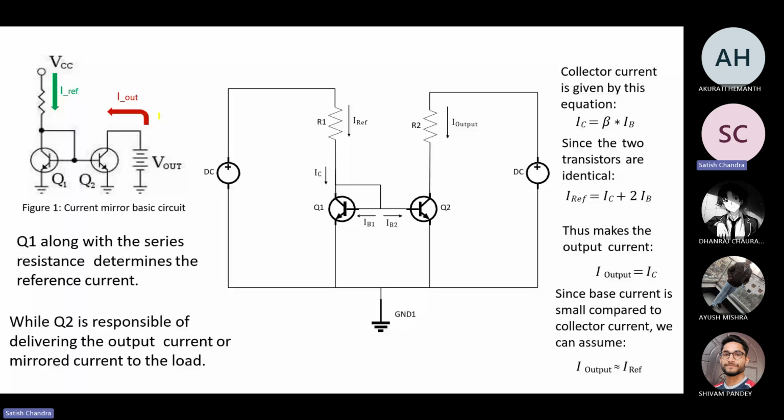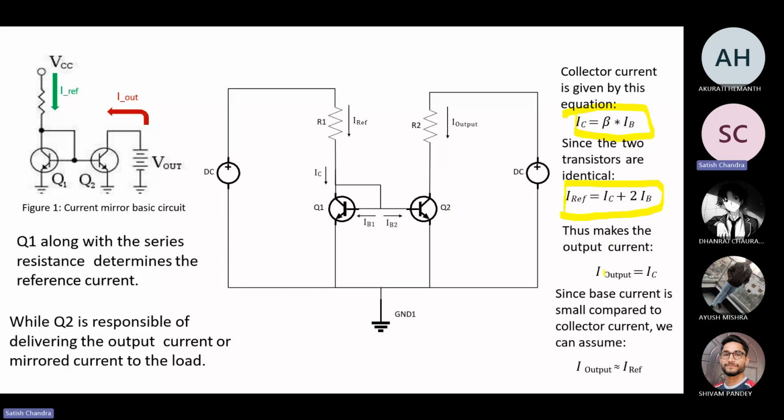So the collector current is given by this equation, IC is equal to beta IB. Since we are saying both are in the saturation region, and since the two transistors are identical, I reference will be nothing but IC plus 2 IB. That is the only thing.